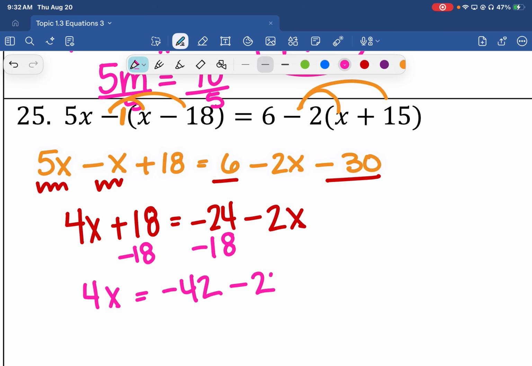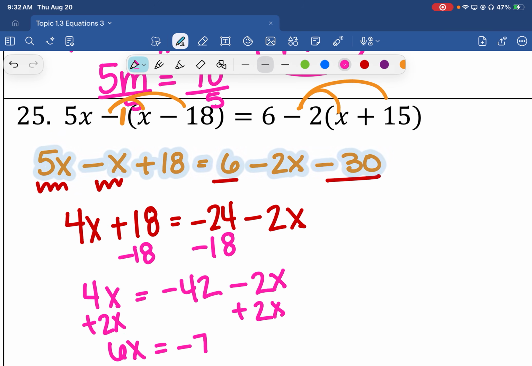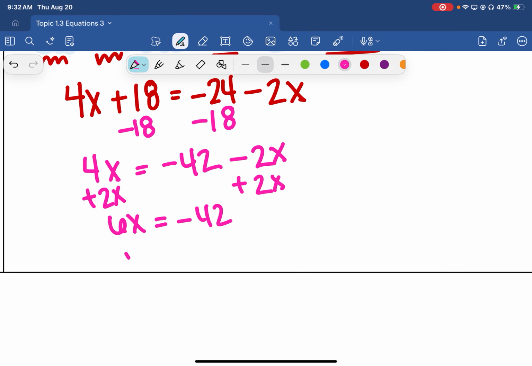Then minus 2x. What do I need to do from here? What is 4x plus 2x? So we have 6x equals -42. How do I solve that? x is equal to -7.